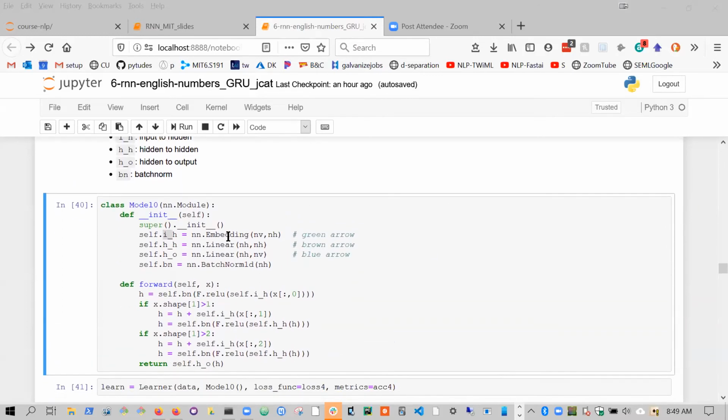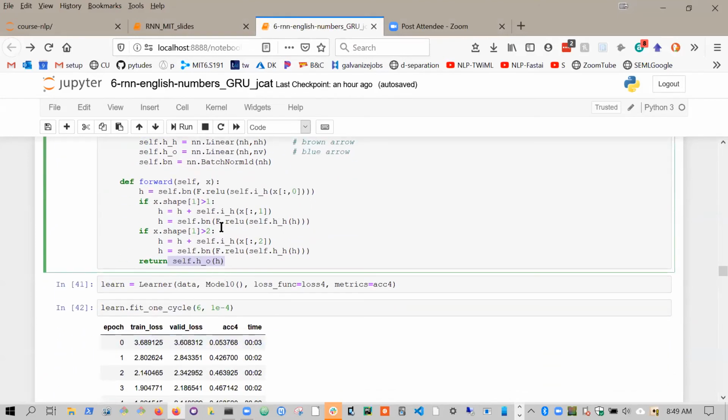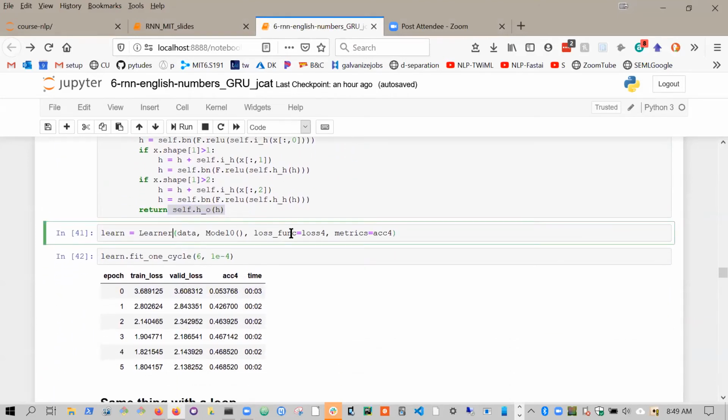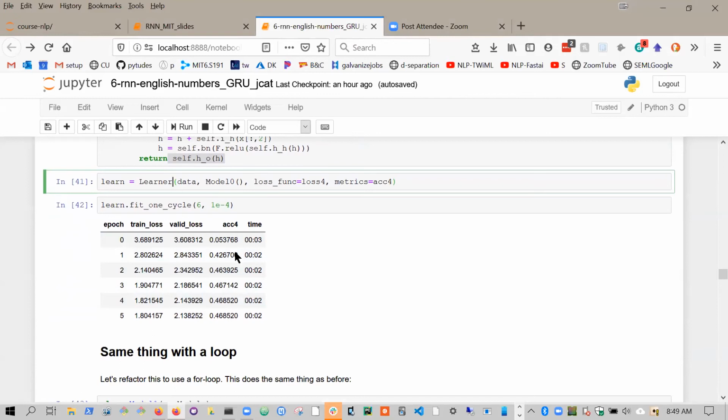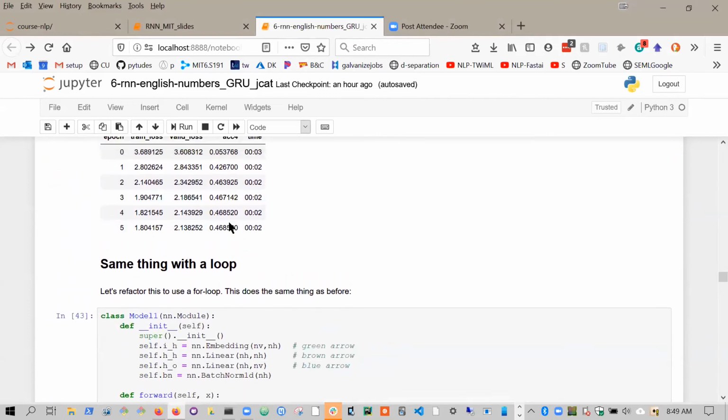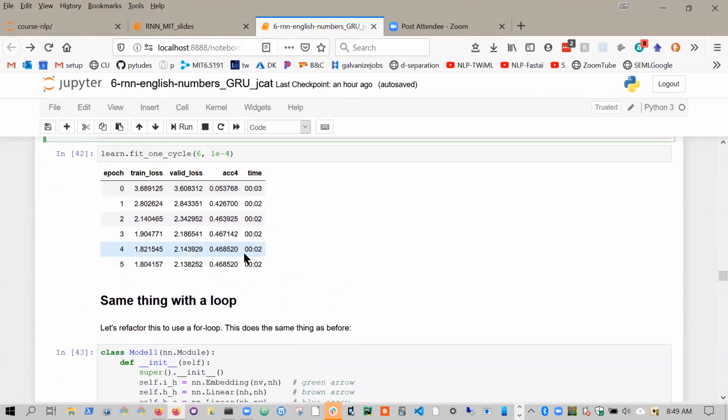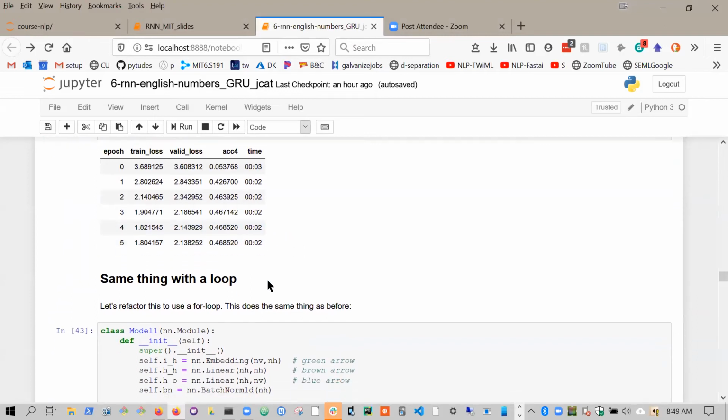Okay, so this is module 0, which, remember, is a fully connected network, and it's trying to predict the output state. It returns the output. So he builds the learner based on model 0 and the loss functions that we defined. He trains it for 6 cycles, and you get up to 46%, 47% accuracy after 6 cycles, which isn't that great.